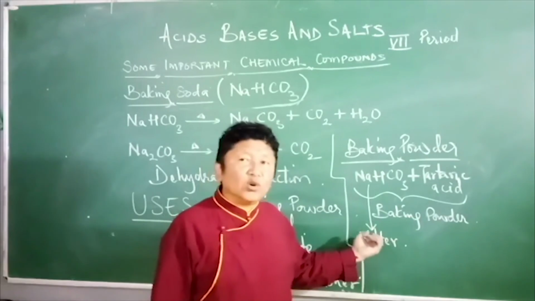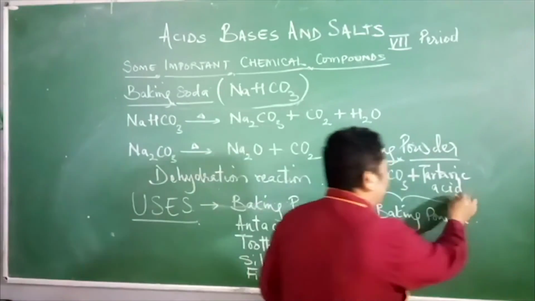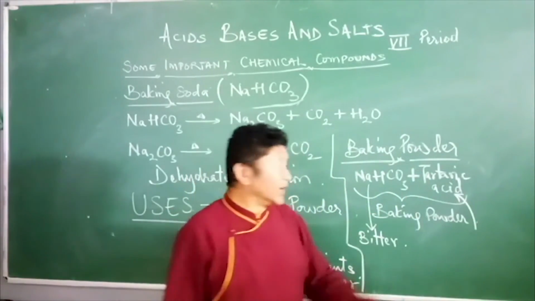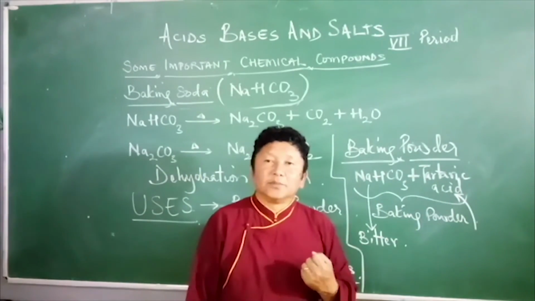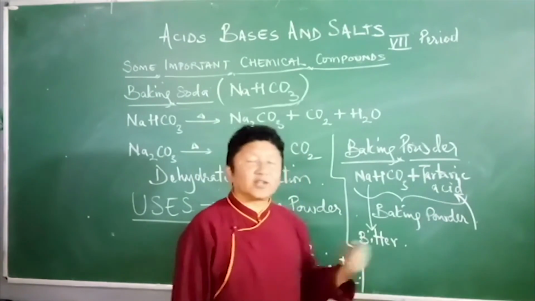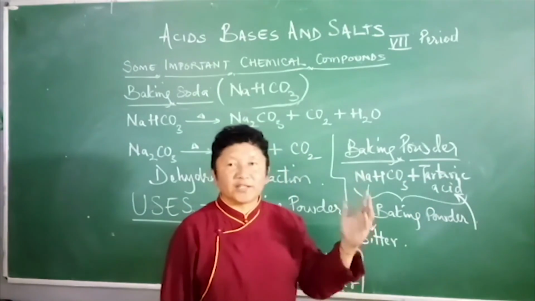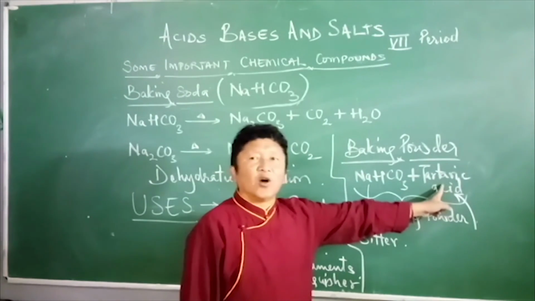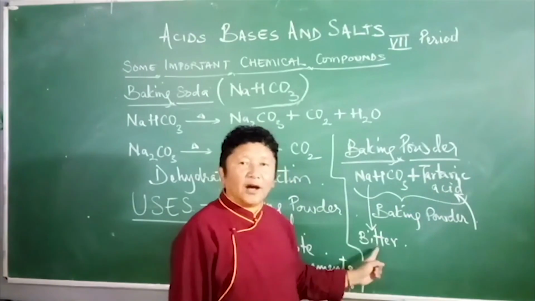In order to make this bitter taste neutral, they add tartaric acid. Tartaric acid neutralizes the bitter taste. In baking powder, extra carriers like organic acid are added so that it can neutralize the bitter taste.